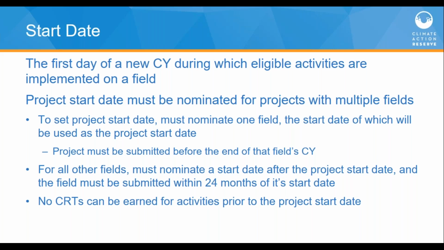That would seemingly be after the project start date, and they can be submitted within 24 months of their respective start dates. What's important to note here is that no credits or CRTs can be earned for activities prior to the project start date. We hope the next slide, where we show some examples, will exemplify this concept further.